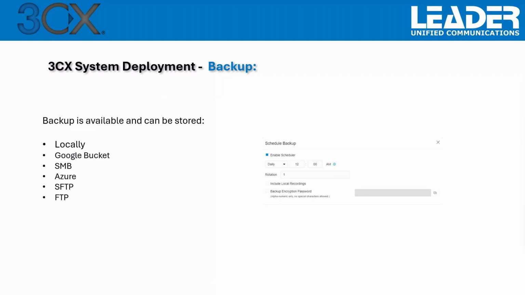Backup. Backup is available and can be stored locally, in Google Bucket, SMB, Azure, SFTP, FTP. You can have the backup taken daily, weekly or monthly. You define the amount of rotations, and then you define if you want to include the recordings. However, if you have a lot of recordings, with 3.6 you have the opportunity to create offsite archiving, which makes much more sense in that regard.